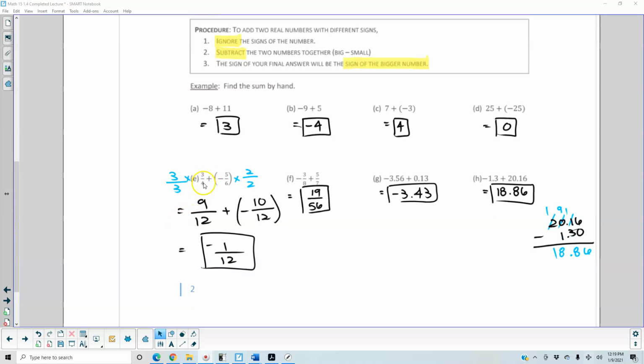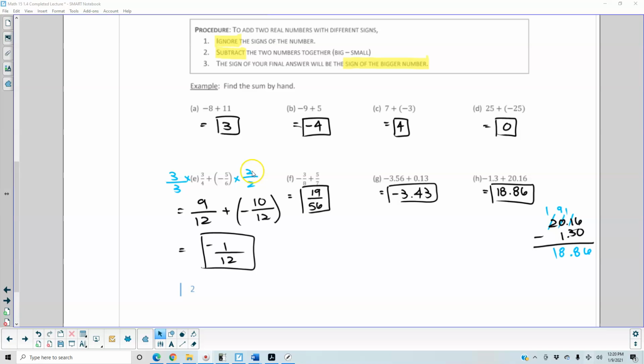Next question, we have 3/4 plus -5/6. Before we can do anything, we need to find a common denominator so we can compare the fractions easier. The common denominator between 6 and 4 is 12. So we need to multiply 3/4 times 3/3. So 3 times 3 is 9, 3 times 4 is 12. So we get 9/12.